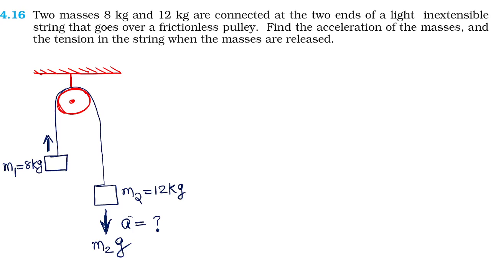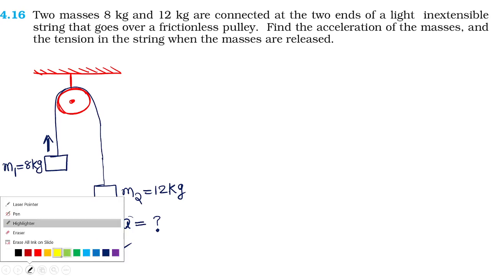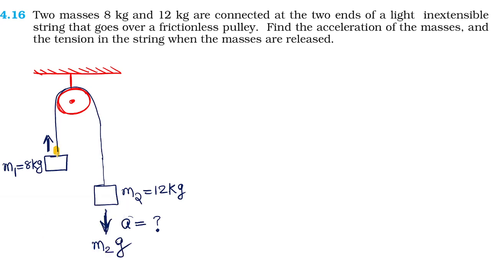If M2 is going down, definitely, I will repeat the solution. You please listen carefully. This is the string. The string is a little bit tight. Clear? If the masses are connected at the end points, the string is tight.